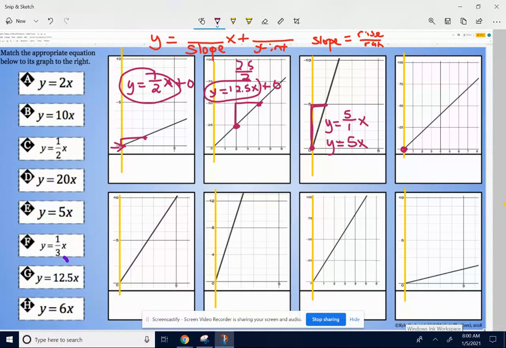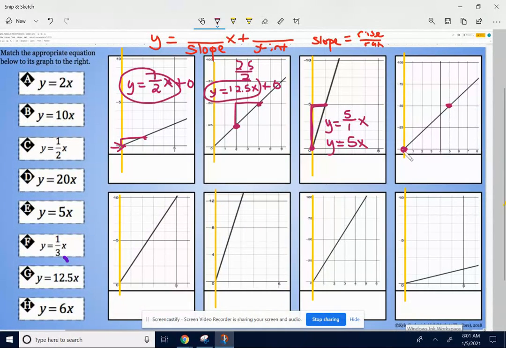This one is not easy. I'm going to have to go here. Boy, that's tricky to find. I don't know if you had trouble with that or not, but I did.